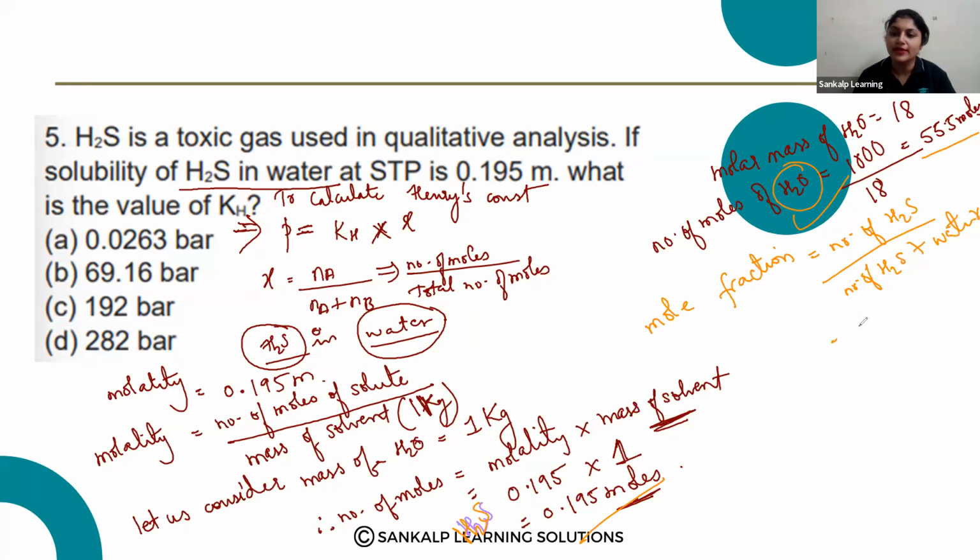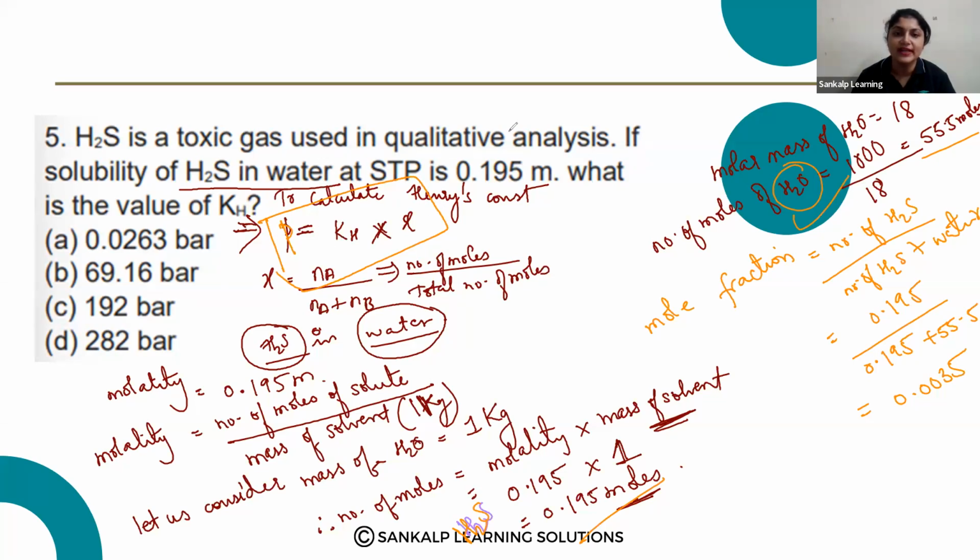So 0.195 divided by 0.195 plus 55.5. This comes to 0.0035.